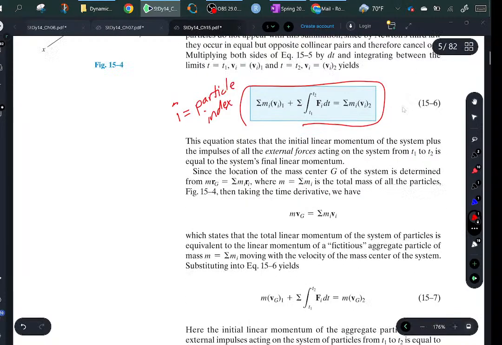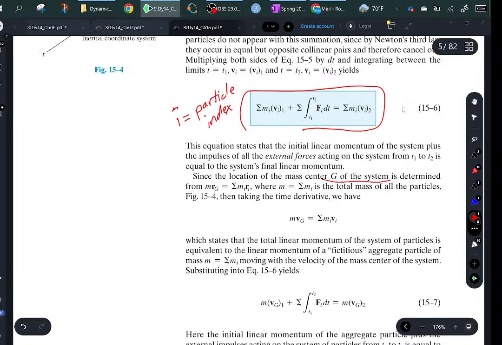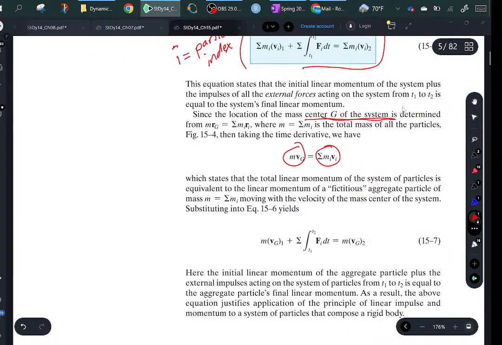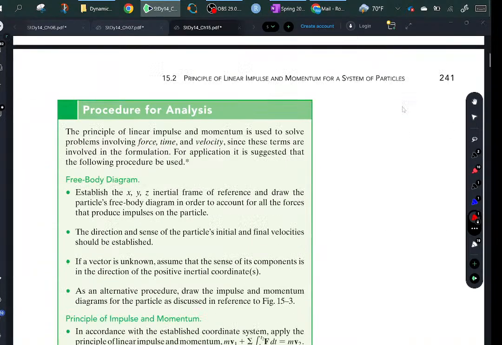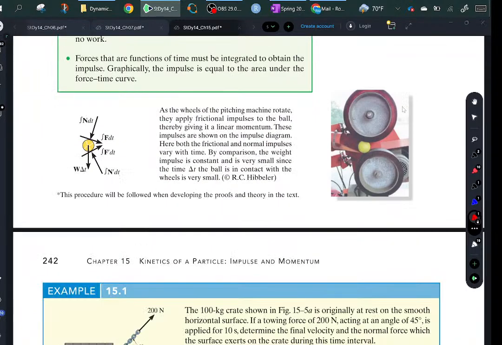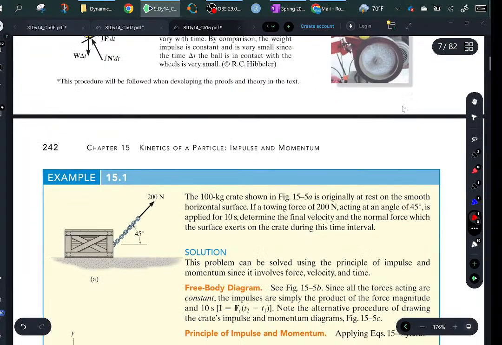He talks about the mass center of the system, and talks about this being equal to that. This is true, but we won't use it that much.